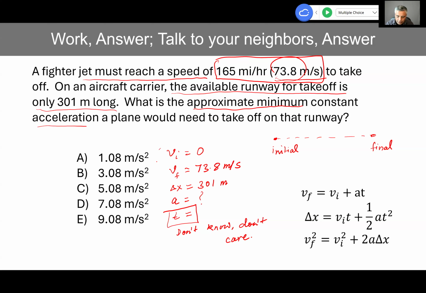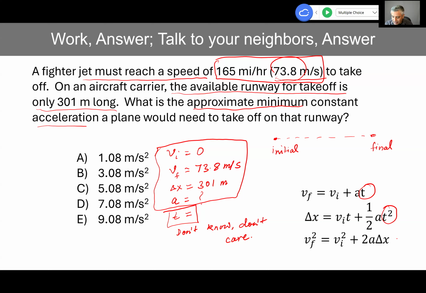Now we need to focus on an equation that has these four things. Let's see if we can find a single equation that has all four of them. This one has time, which I don't know and don't care about. Looks like these are not good to solve in one step.